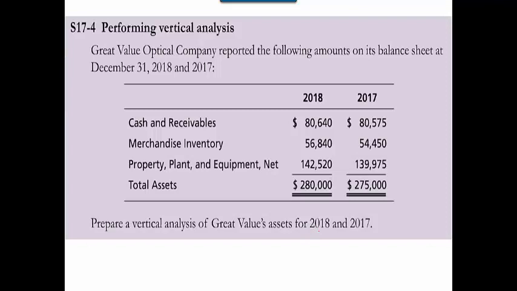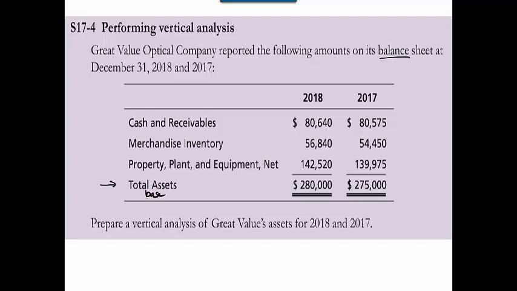So I've got two quick problems here on vertical analysis, then I'll stop this one and we'll start the next one with ratios. So vertical analysis, this is a balance sheet. Total assets is my base, right?